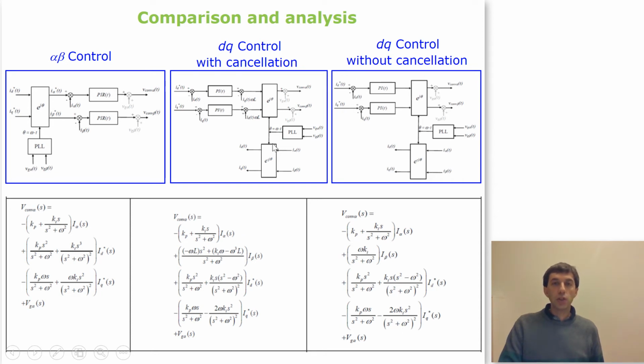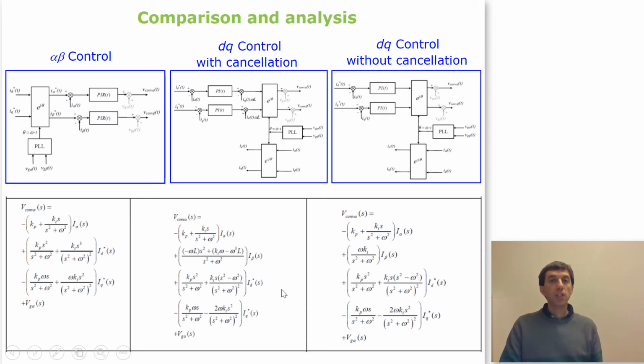And finally, in these two DQ controls, we have one additional term, which is the coupling term. So the beta current appears, and without cancellation, we have a rather more complete or complex term compared with the other one. And these two terms do not appear in alpha beta control. So they are similar, but not exactly the same in any of the cases.